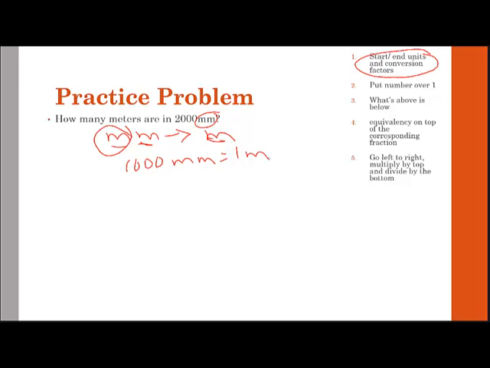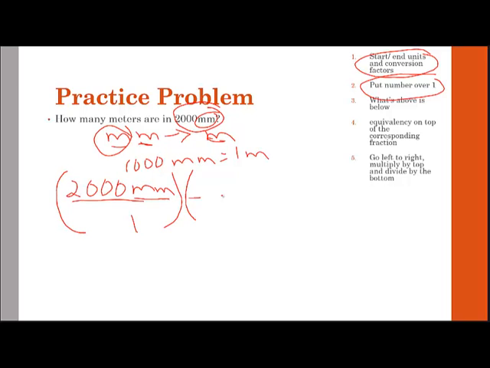The next step, put the number over 1. 2,000 millimeters has been placed over 1. We have millimeters on top, so that's what we're going to put on the bottom of the next one. What's above is below, so millimeters on top, millimeters on bottom.